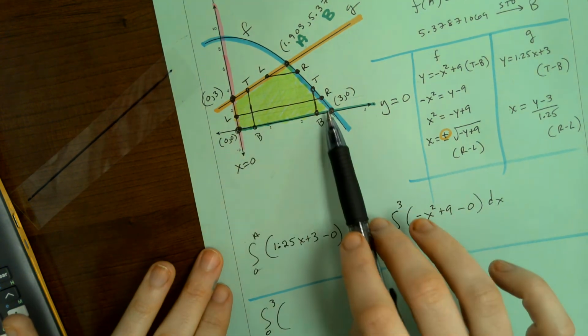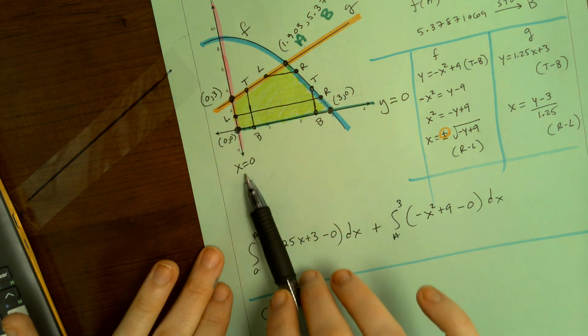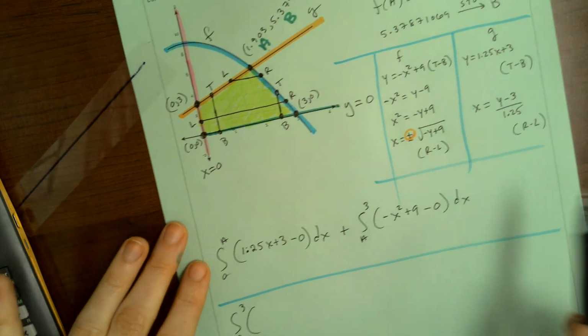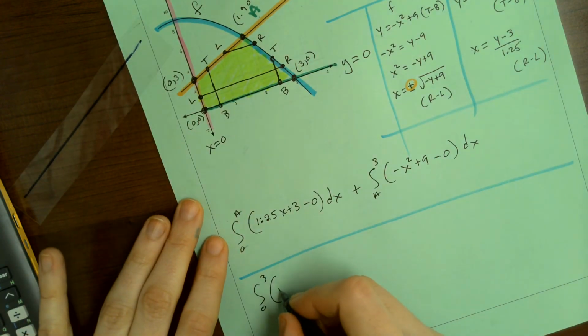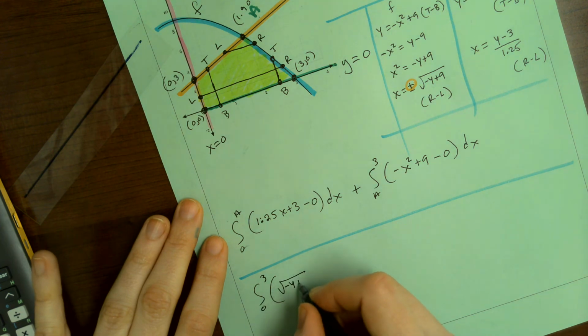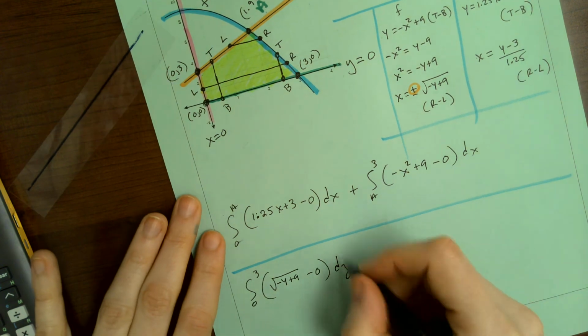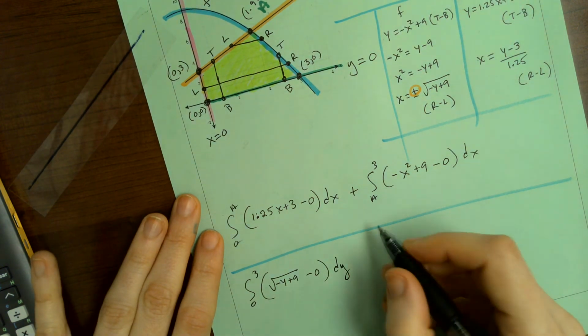From 0 to 3, the right minus left is the parabola minus the x-axis, which is 0. So parabola minus 0. But the parabola in terms of y, so right here, radical negative y plus 9 minus 0. I keep writing the minus 0 just because I want it for our notes. So you can see that the bottom is 0.